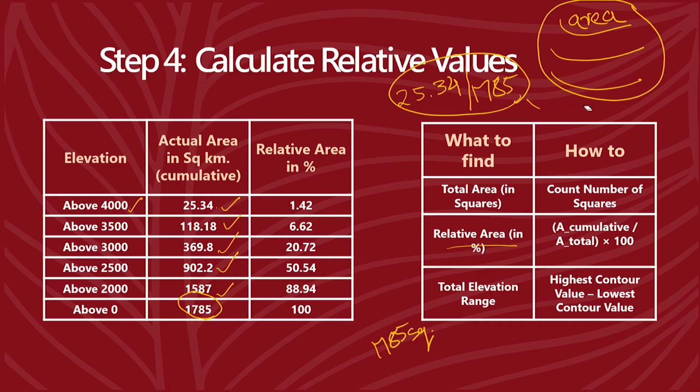So, this will give you your percentage values, and similarly, we will execute the same for each contour value. As is bound to happen, the highest contour value will see the lowest percentage in case of relative area, and the lowest, which is 0, will see the entire area being above it.